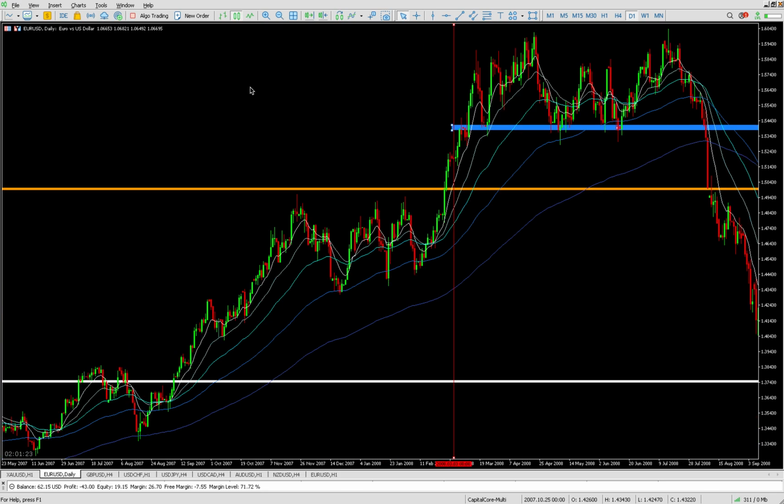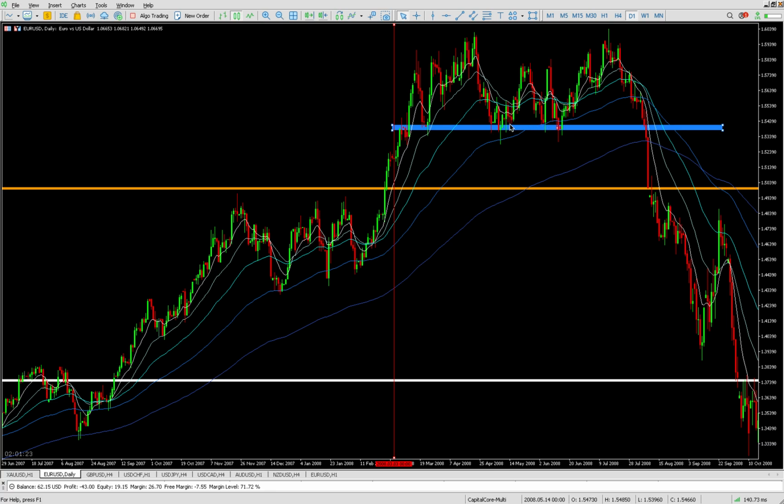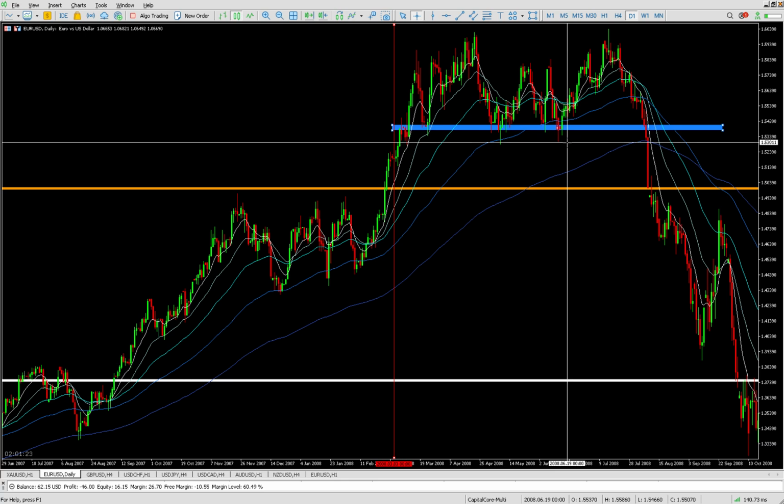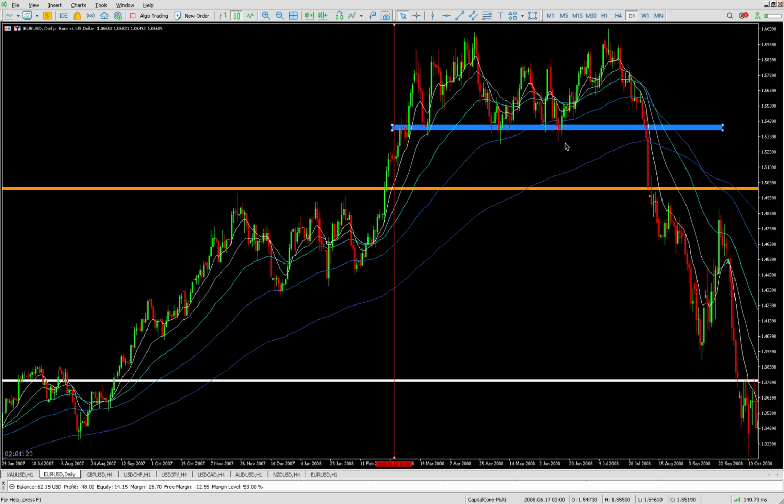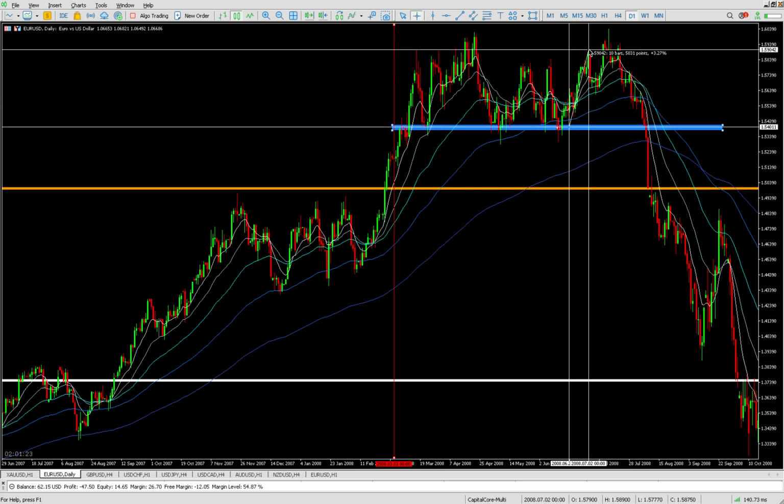Anyway, the point is that if you look, you can see that this is actually a little bit higher low. So that's really good for a double bottom. And so it looks like it should go up. But it didn't.